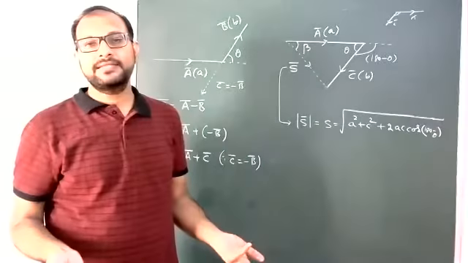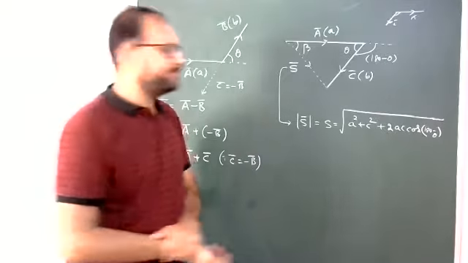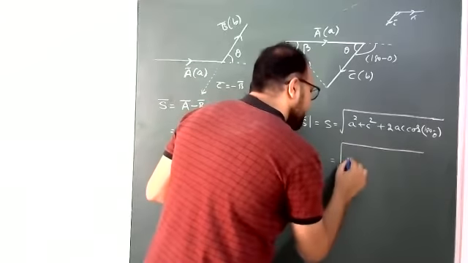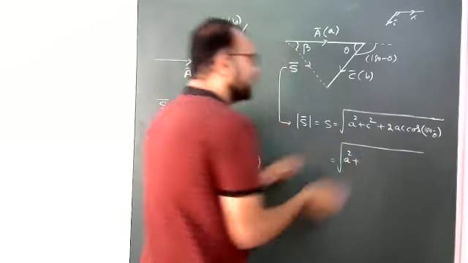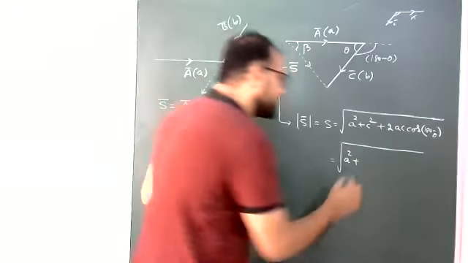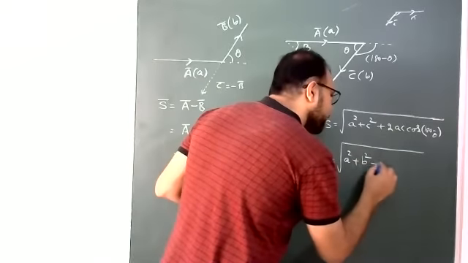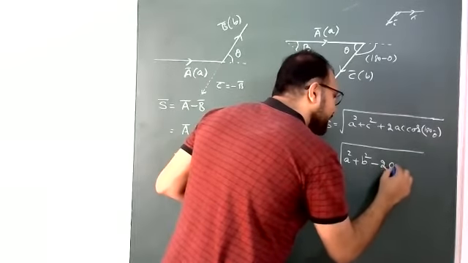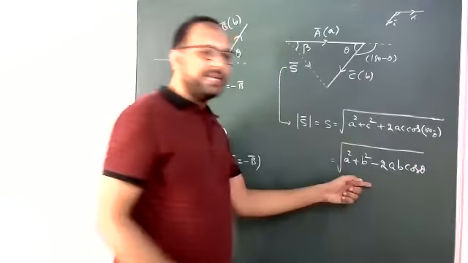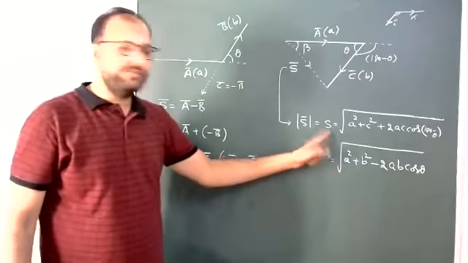Cos of 180 minus theta is minus cos theta. Right. Here under the root, A square, and C, what is the magnitude of C bar? B. So that's why A square plus B square minus 2AB cos theta. This is the magnitude of S bar.